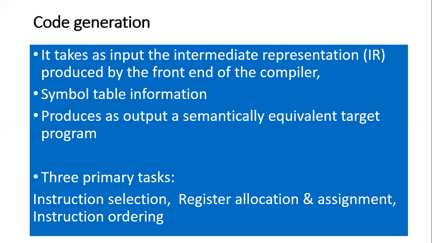So that is the purpose of code generation. It produces a semantically equivalent target program. And mainly code generation means three tasks come into the picture, that is instruction selection, what type of instruction we want to use, and then register allocation and assignment, a very important part of code generation with respect to registers.